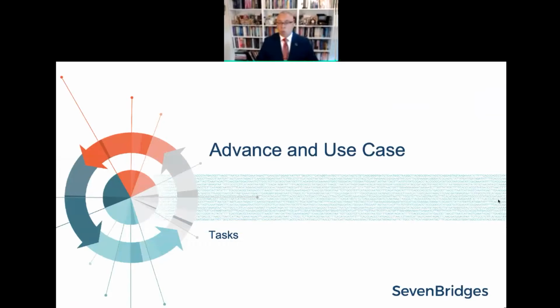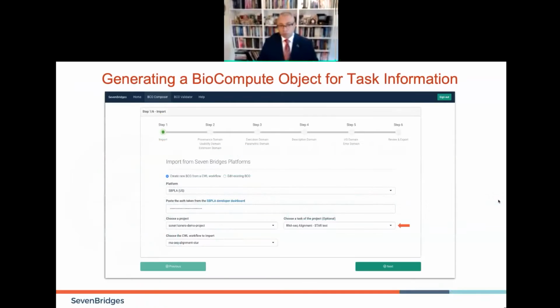So I want to go through one or two use cases very quickly. Same thing, except this time we're going to use a task that's already been completed. What's really nice about this is potentially the simplest use case of a regulatory submission.